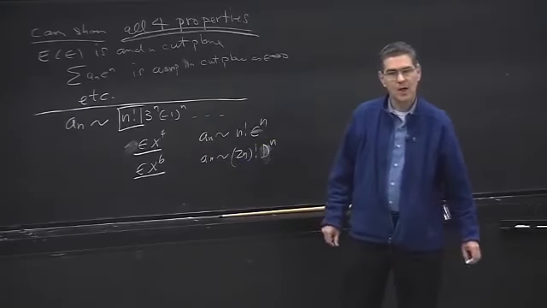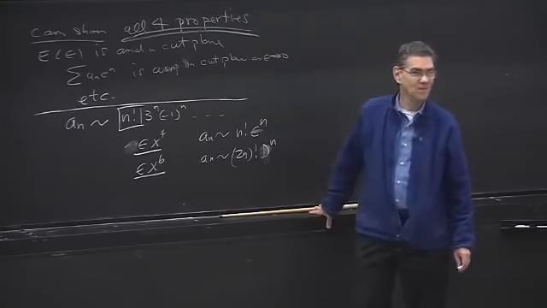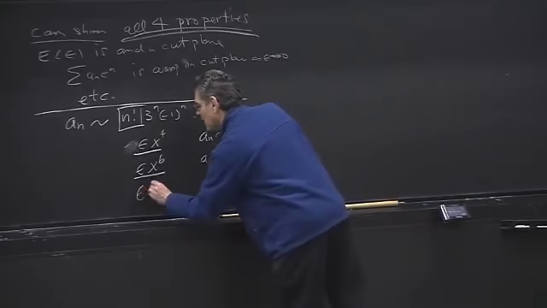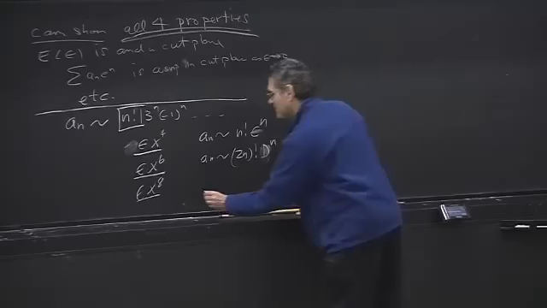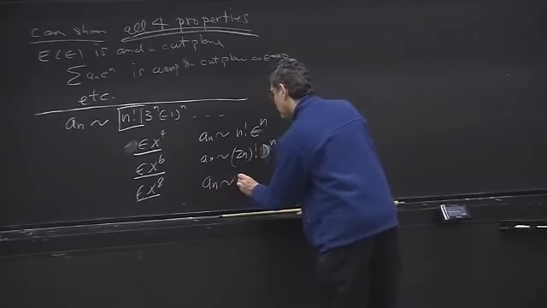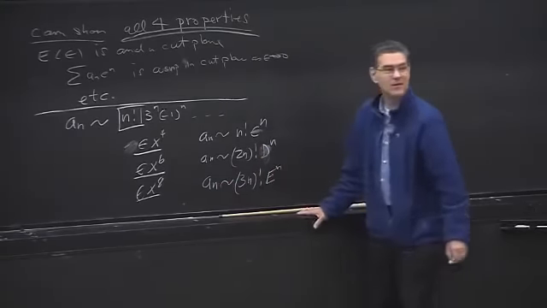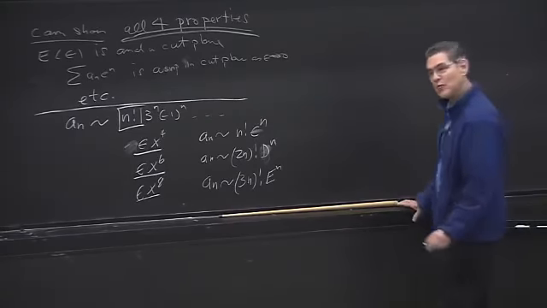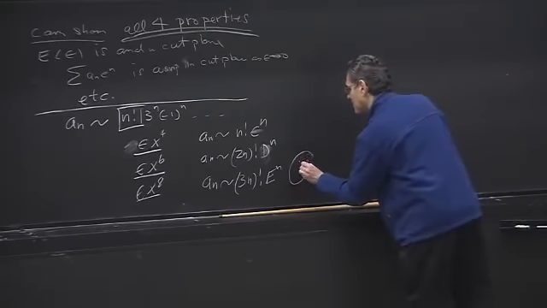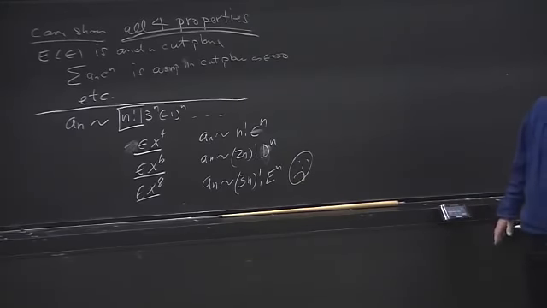Okay? For epsilon x to the 8th, however, a sub n grows like 3n factorial times some constant to the n. So there's an example of a problem where the Pades converge, but they don't converge to the right answer.